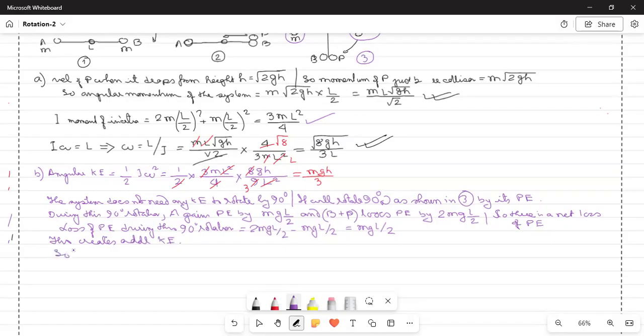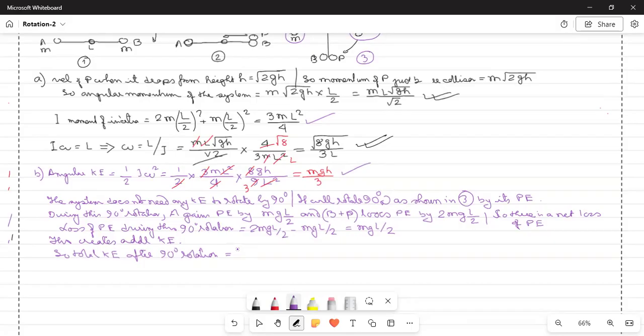So, total kinetic energy after the 90-degree rotation: it already had a kinetic energy mgh by 3 that happened when the ball P dropped on B and stuck to it.